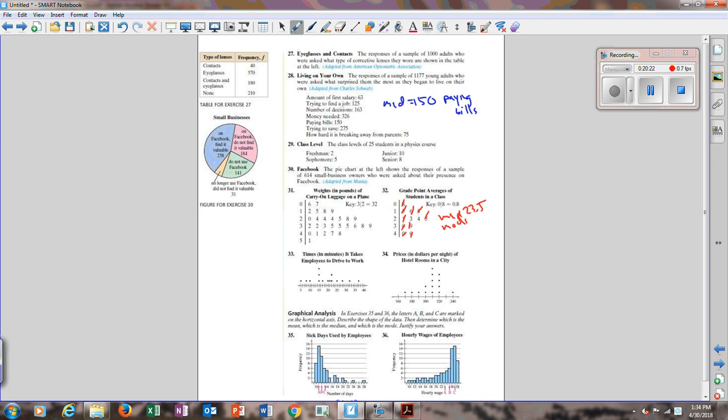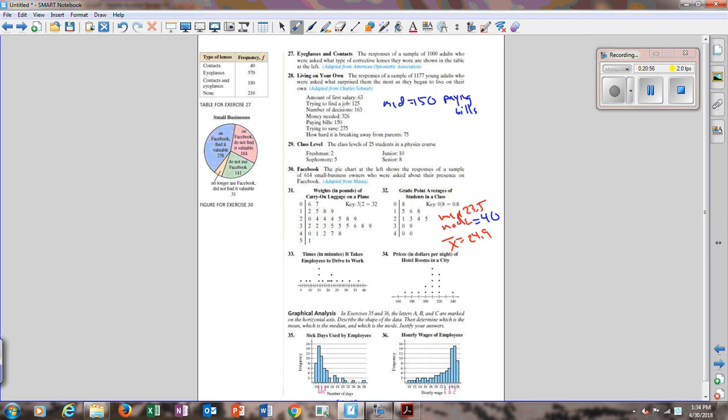Your mode is the number that repeats, which in this case is 40. And then your mean is just adding them all up and dividing, and that'll give you 24.9. All right, not too bad.